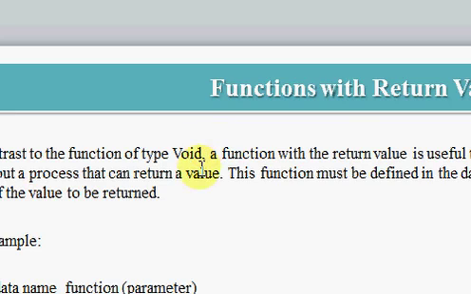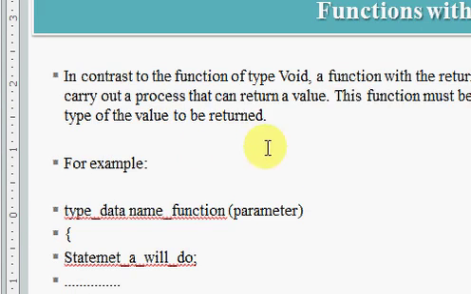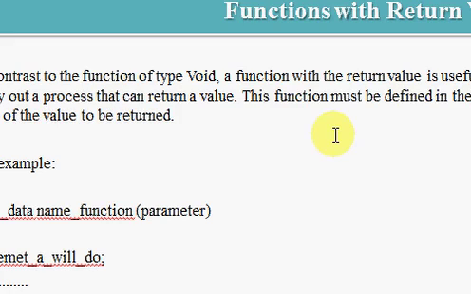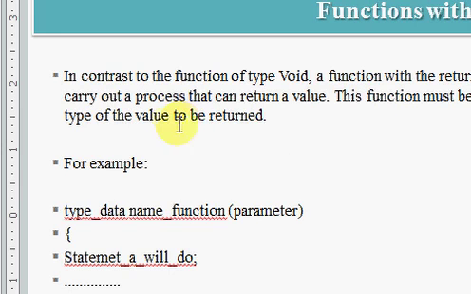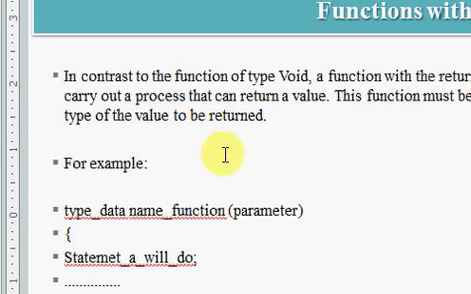Talking about a function with a return value. In contrast to a function of type void, a function with a return value is useful to carry out a process that can return a value. The function may be defined with the data type of the value to be returned.